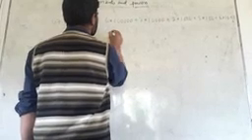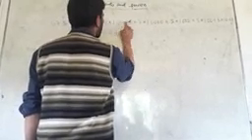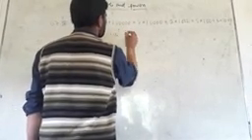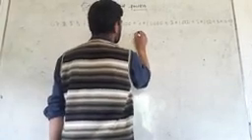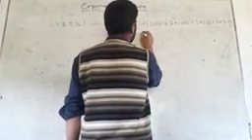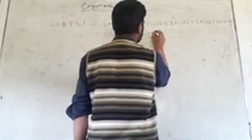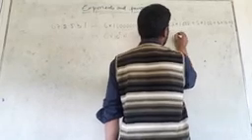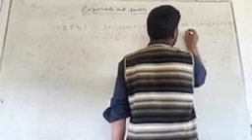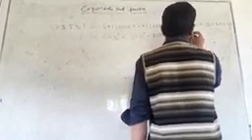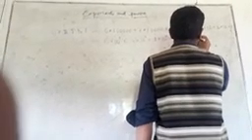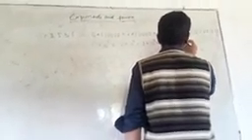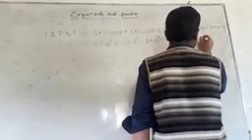This is its expanded form, and it can be written as 6 into 10 raised to power 5, because it has 5 zeros, plus 7 into 10 raised to power 4, plus 2 into 10 raised to power 3, plus 5 into 10 raised to power 2, plus 3 into 10, plus 1.